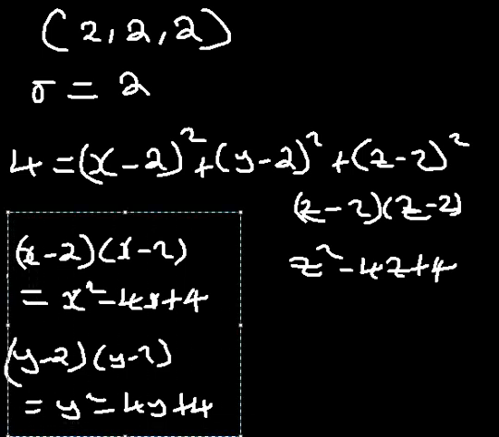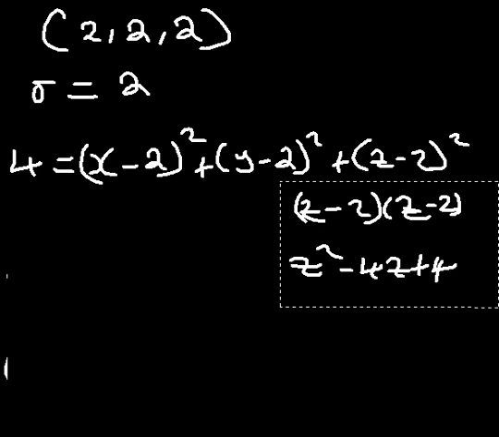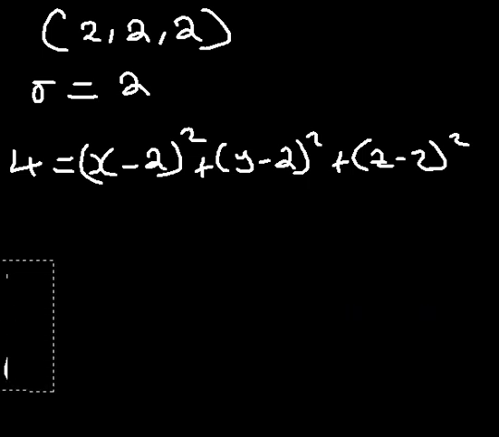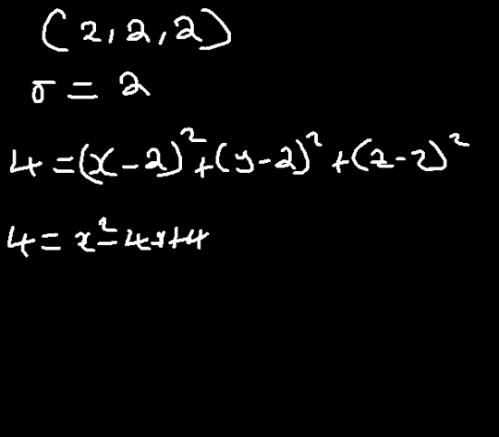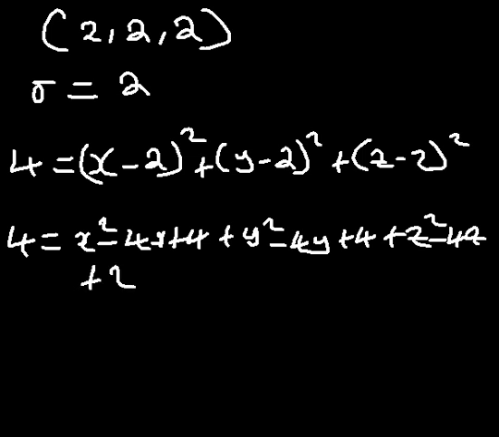So in this case we'll have 4 = x² - 4x + 4 + y² - 4y + 4 + z² - 4z + 4. So now let's put the like terms together.